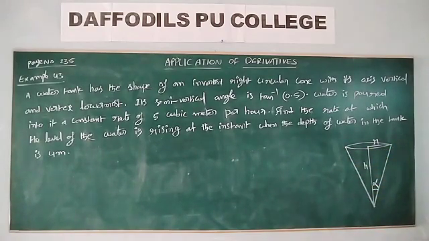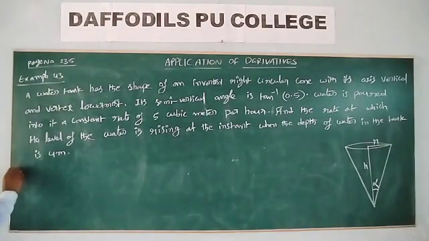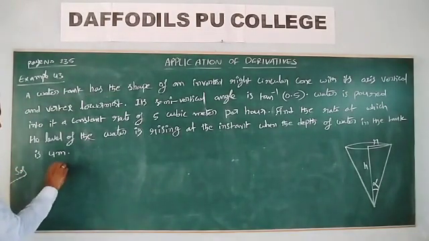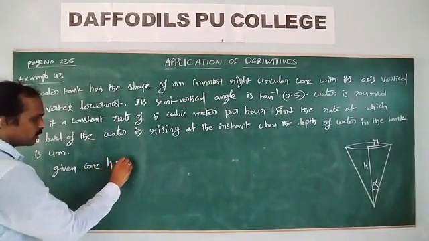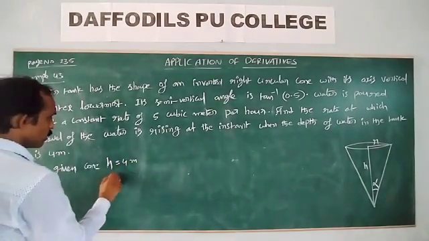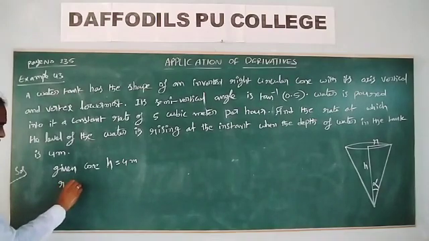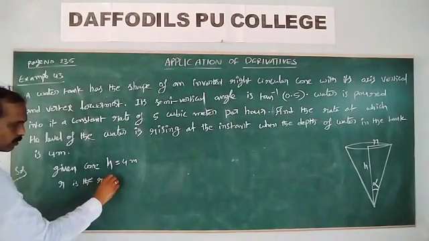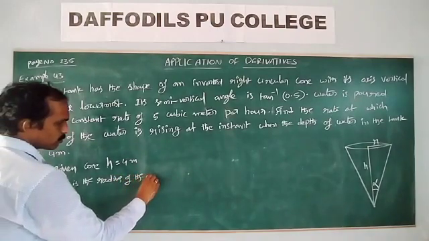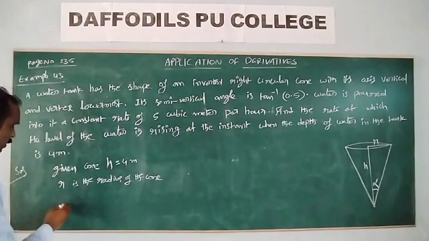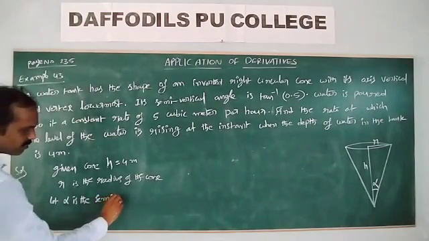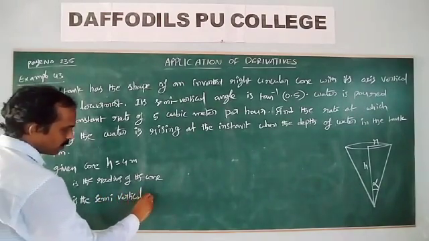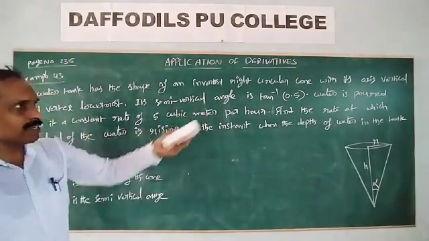So first of all, write the given data. At the instant, cone height h is equal to 4 meter, r is the radius of the cone, and let alpha be the semi-vertical angle, given as tan inverse 0.5.